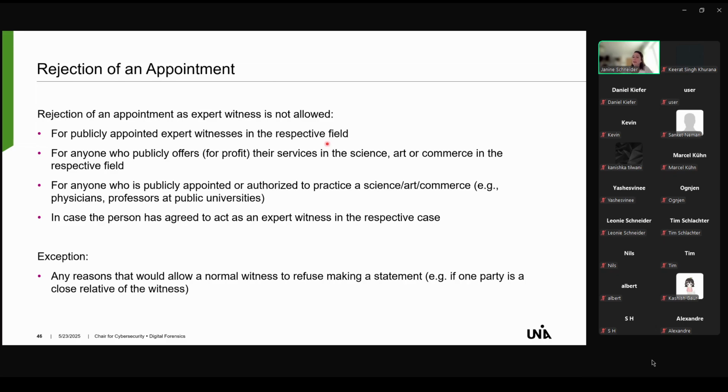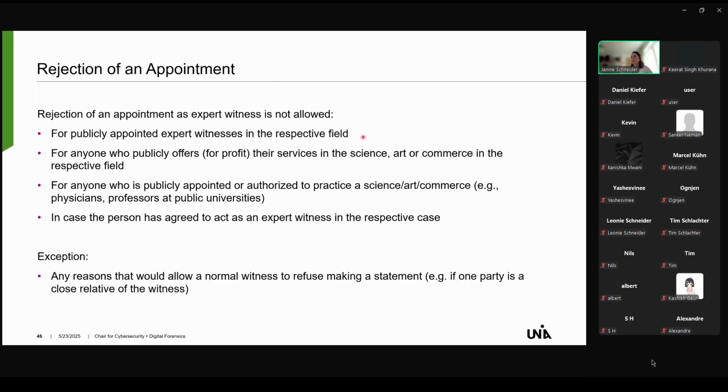You get the title from the IHK, Industrie- und Handelskammer, and you have to do an exam there. I think you have to pay some money, and then you can become a publicly appointed expert witness.